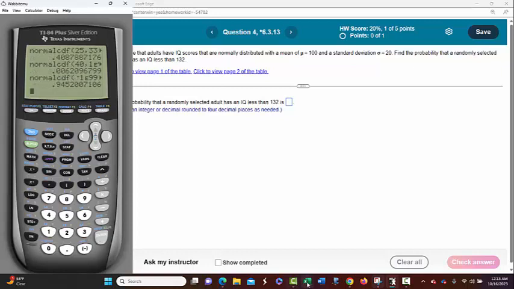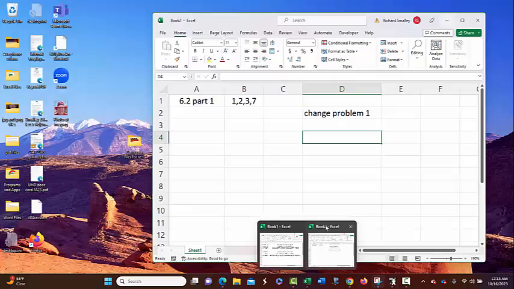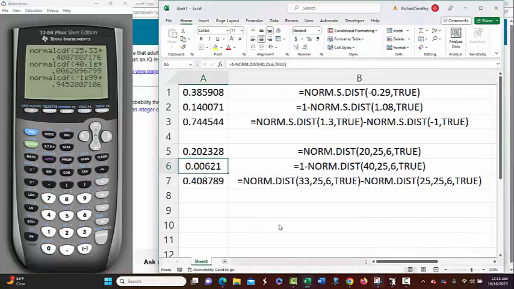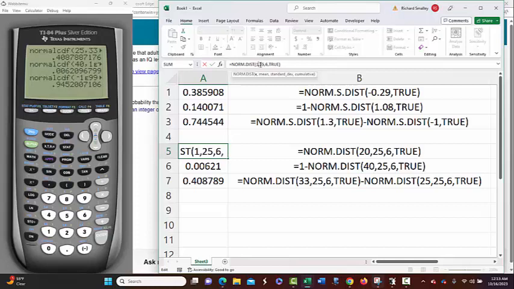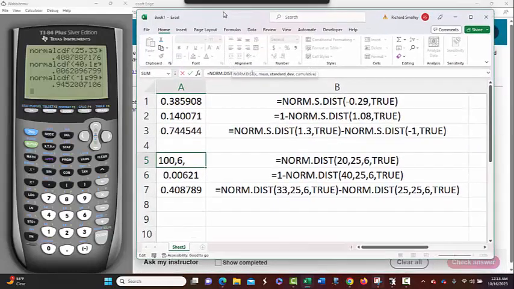Let's see if we can match that in Excel. So the less than will be the top one. 132 is the x value. 100 is the mean. Standard deviation was, is it 10? 20.